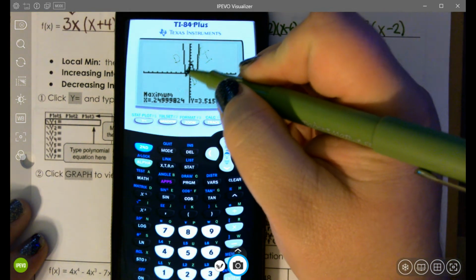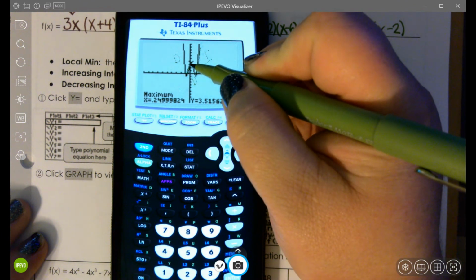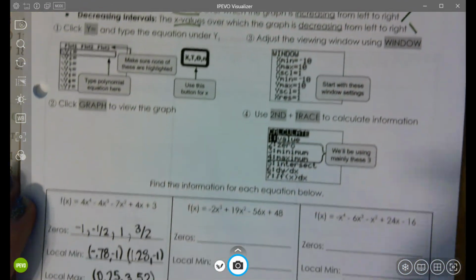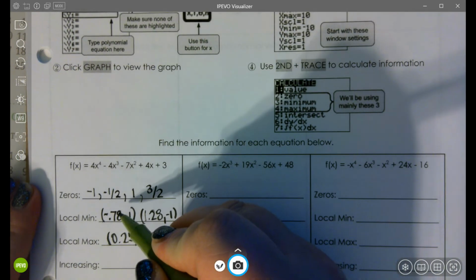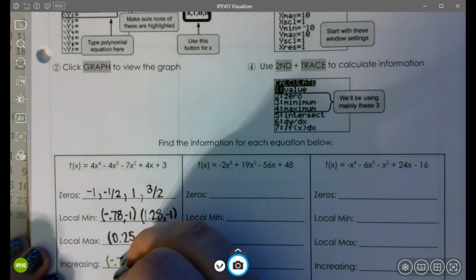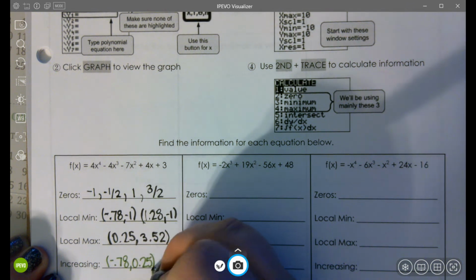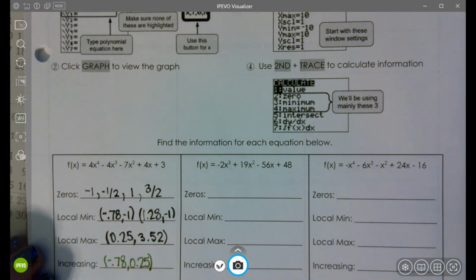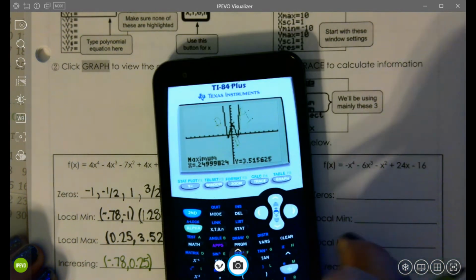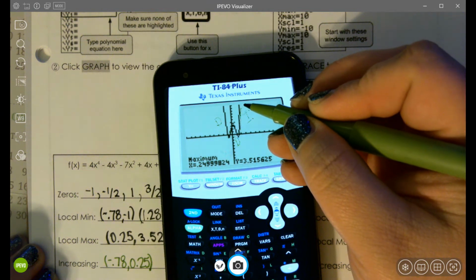So I want this chunk right here in between the first minimum and the maximum. The x values of those 2 points are here and here. So that's from negative 0.78 to 0.25. And then there's another section where it's increasing from this minimum to the right, which is infinity.